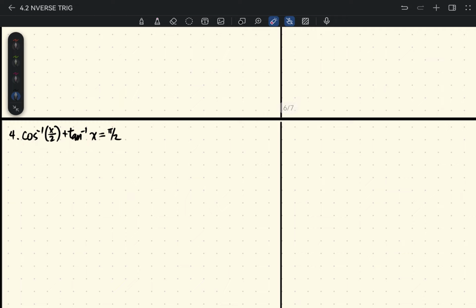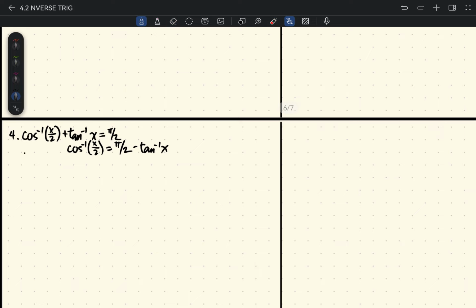That is, we put one trigonometric function on the other side so that we can apply a certain trigonometric function. In this case, what I want to do is put tangent inverse of x on the other side. But you can also try and put cosine inverse on the other side. That's also possible. But let's just stick to this one first.